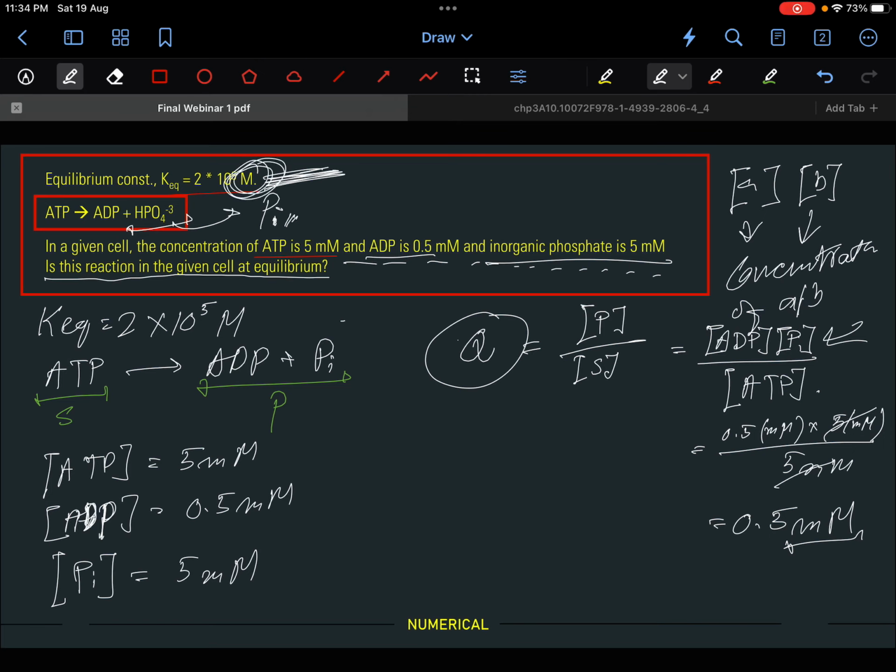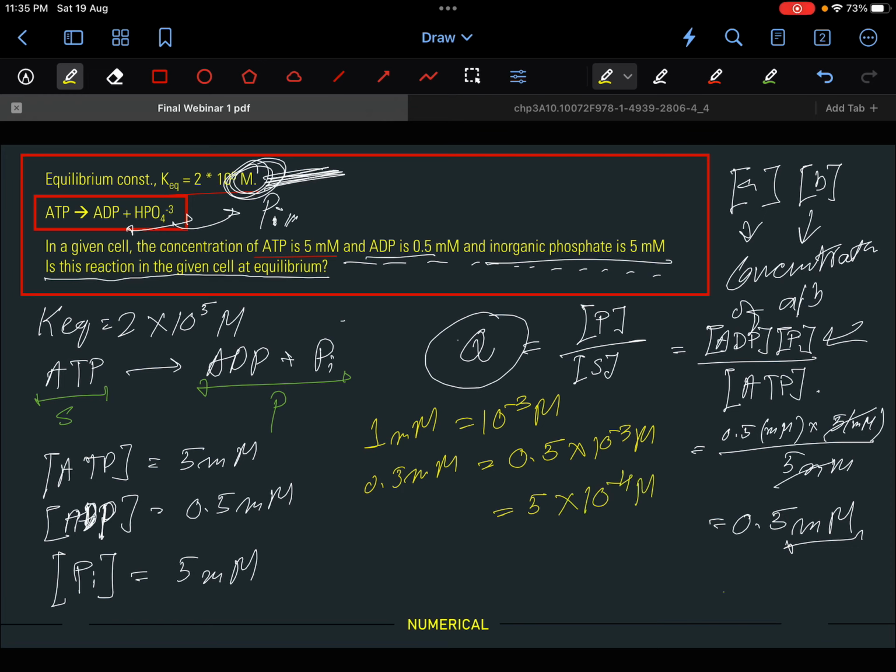This is where unit conversion comes into play. 1 millimolar is equal to 10 to the power minus 3 molar. So 0.5 millimolar is equal to 0.5 times 10 to the power minus 3 molar, which is equal to 5 times 10 to the power minus 4 molar.